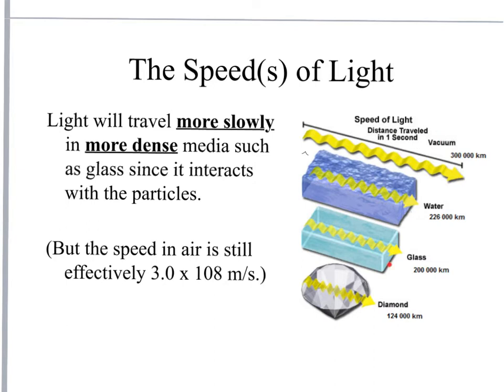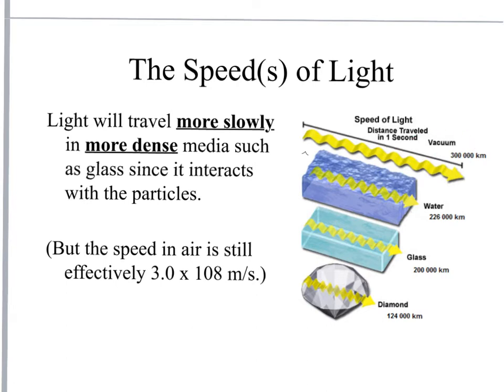So over here we have a few different examples of media. The speed of light in a vacuum is that original 3.0 times 10 to the 8 meters per second. Water is slower, glass is even more dense, so light is even slower, and diamond is even more dense. Air is considered to be effectively the same as the speed of light in a vacuum.